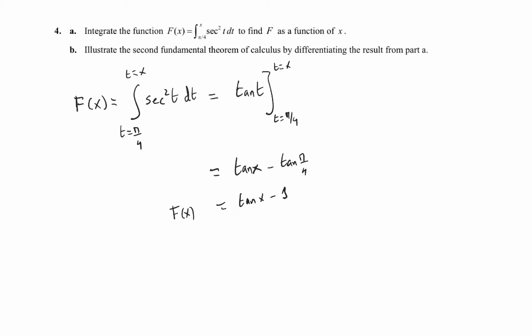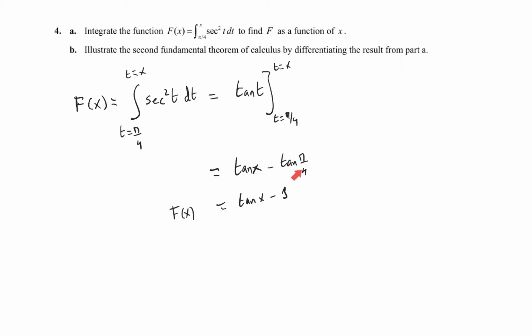Because we found the antiderivative, tangent of t, we can find F of x between t equal pi divided by 4 and t equal x. When t equals x it gives tangent of x. When t equals pi divided by 4 it gives minus tangent of pi divided by 4.